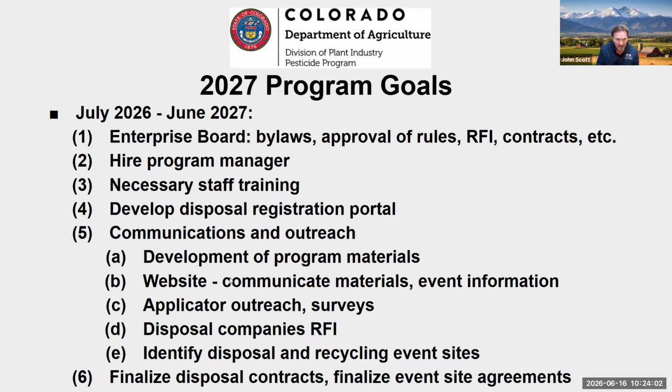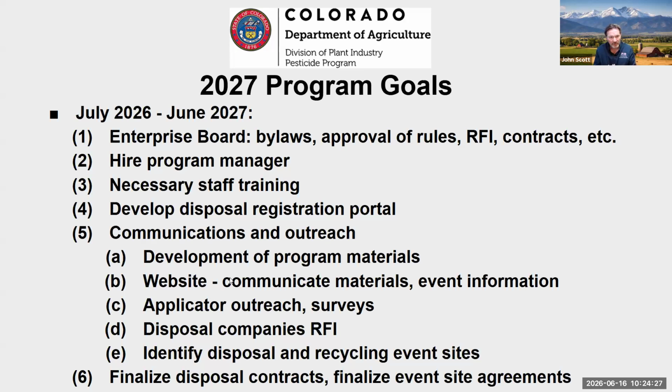Necessary staff training. One of the things we want is for our program manager to have the necessary HAZWOPER training and all the pesticide safety training that someone in this position needs to have and be aware of. Develop the disposal registration portal, again based on feedback from this stakeholder group.